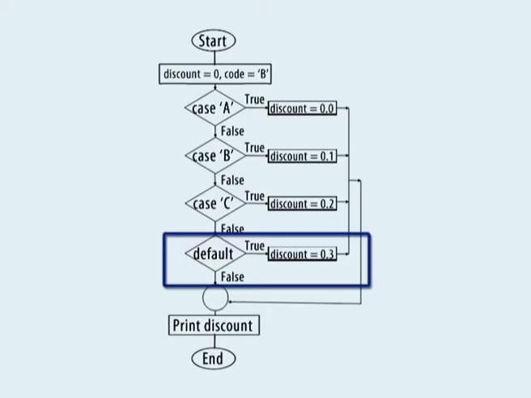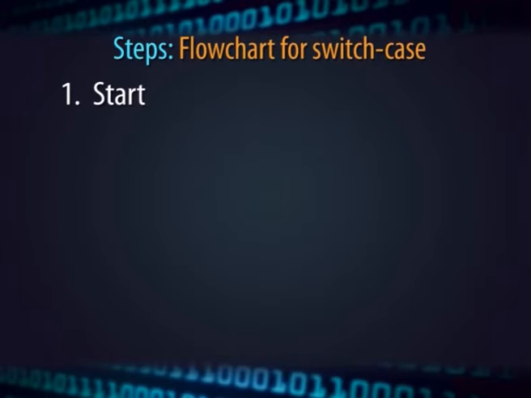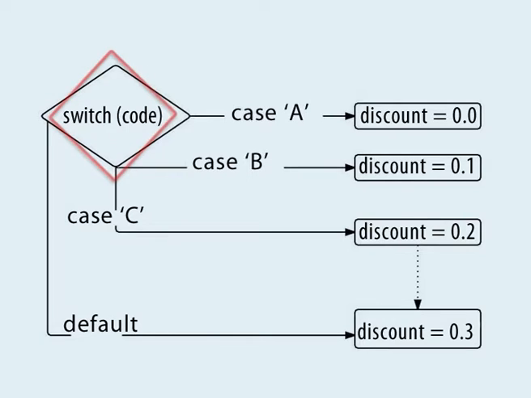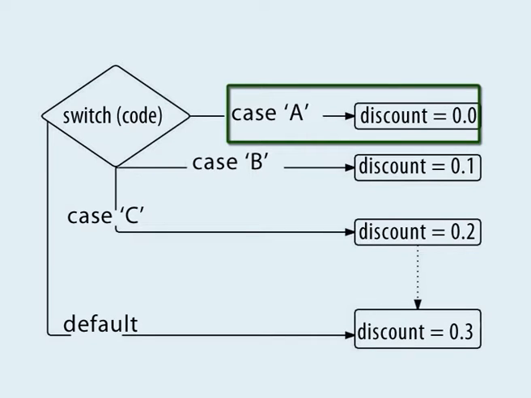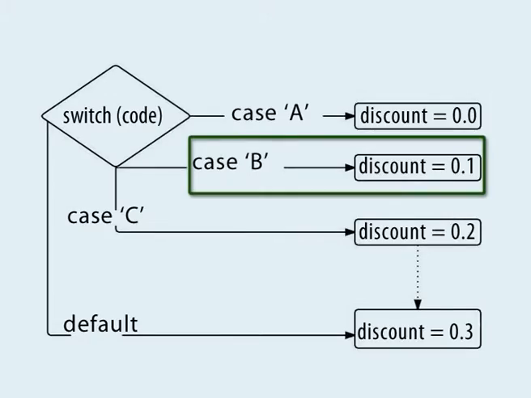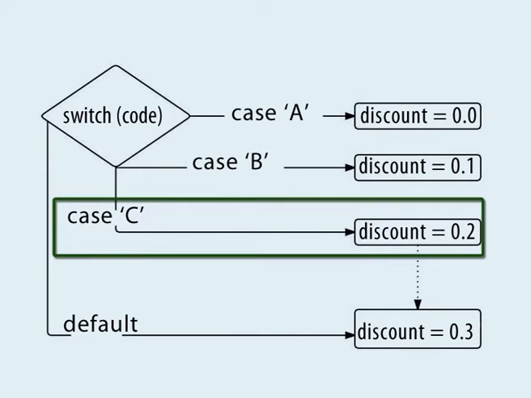When we convert our program into a flowchart, the following steps are followed. First is start, second is read code, and third, by using a decision symbol we check if case A is true, then print the discount of case A. If case A is false, then the flow goes to the case B decision symbol. 3 box symbols are used to write case A, B and C. If case B is true, then print the discount of B. If it is false, then the flow goes toward the case C decision box.